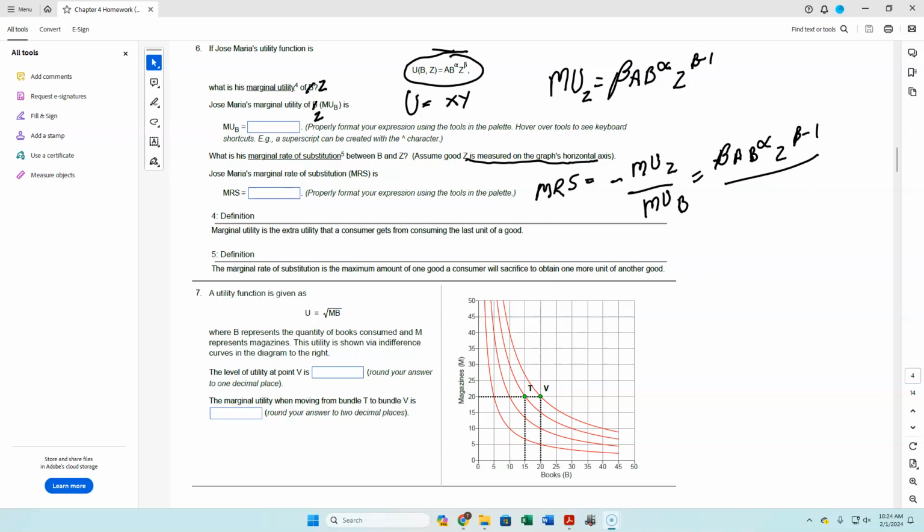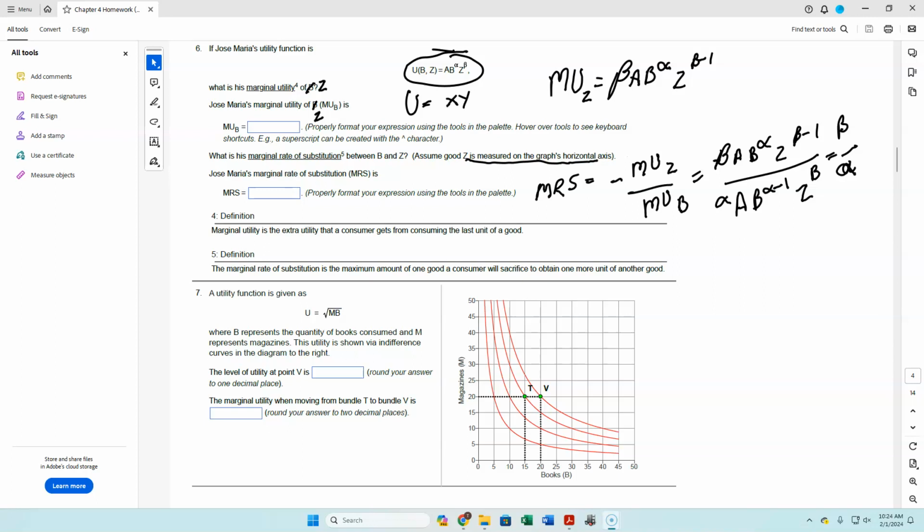Now the marginal utility of B would be now the alpha going out in front. Alpha A B alpha minus 1 Z beta, using the exponent rule. And now what we need to do is simplify this. So first we know regardless, our beta and alpha are going to be in our answer because there's going to be no crossing outs here.